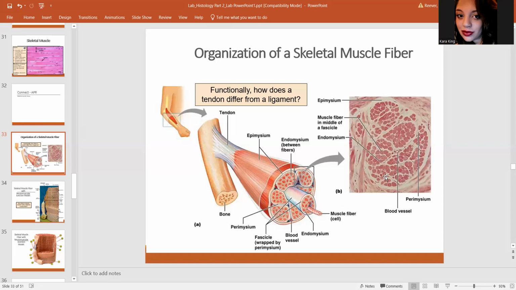I mean, the muscle fiber, I can see that. I can see the blood vessel, the perimysium. So basically, it's just like a fascicle cut down the middle. Exactly, cut across, like a cross section. Like cutting across a piece of meat, basically, because muscle's meat.